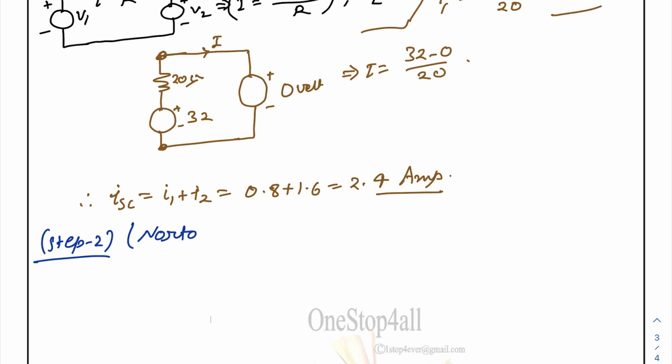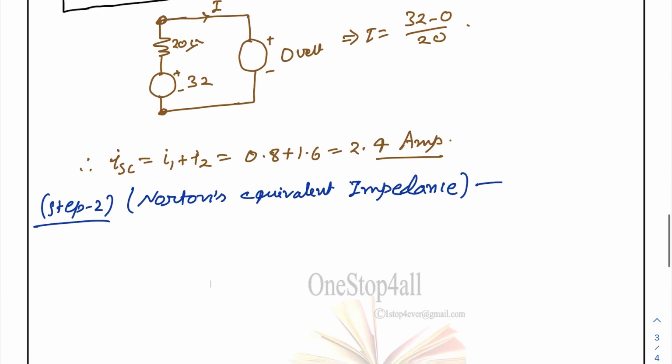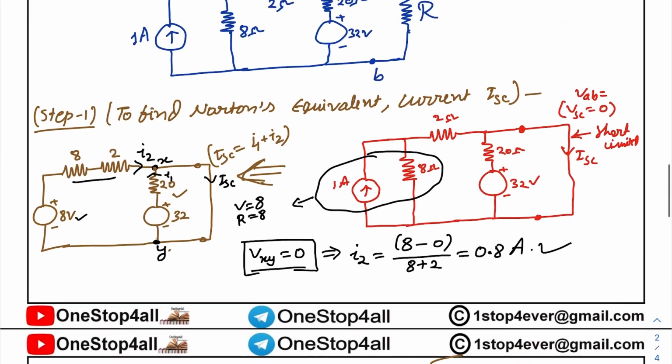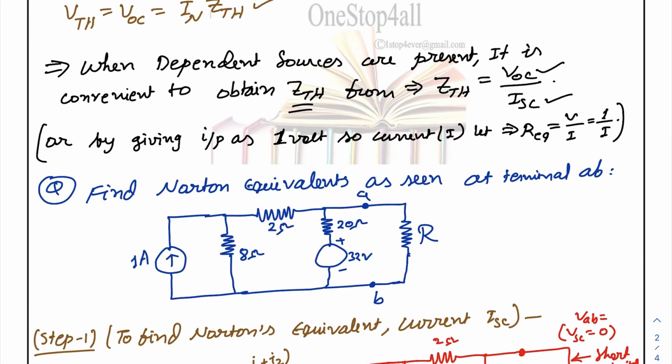In the case of DC, if there are only DC elements, we will calculate resistance. So here we need to find the Norton equivalent impedance. How will we find it? By looking at this circuit, it is the same method as the Thevenin equivalent.